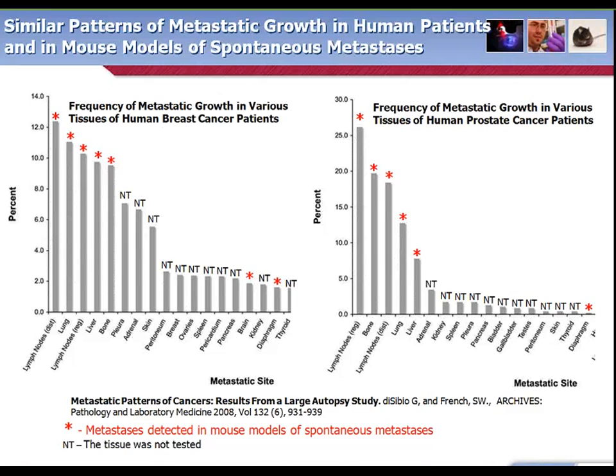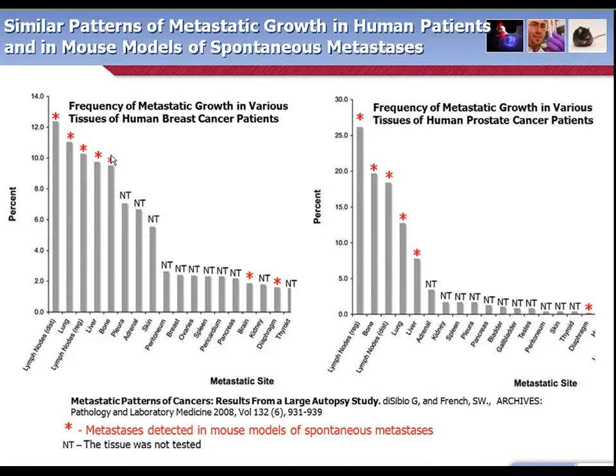The red asterisk shows the tissues where we've seen spontaneous metastatic events in our models. And you can see that we are seeing these events in most of the major tissues that we've looked at compared to what you see in the clinic.